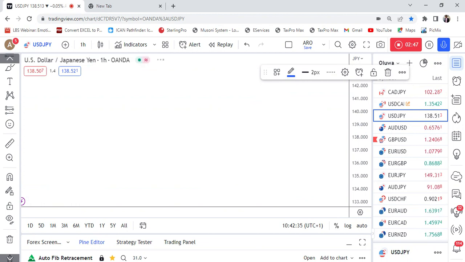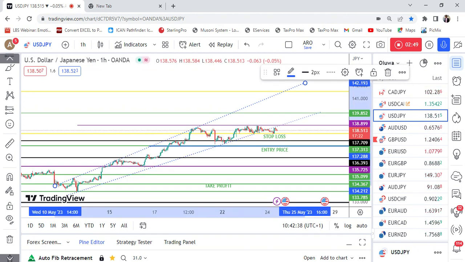That is, what is the path of the market? Is it an upward direction, a downward direction, or is it a range? We need to ask ourselves that question before we enter any trade. What is the market structure?